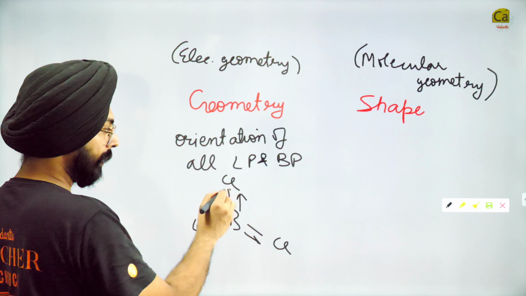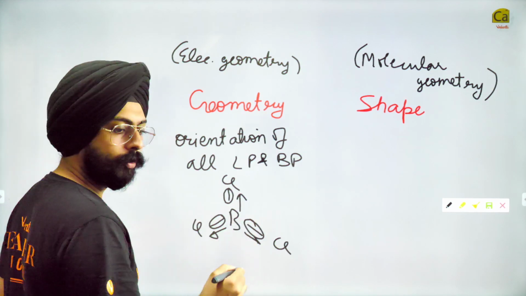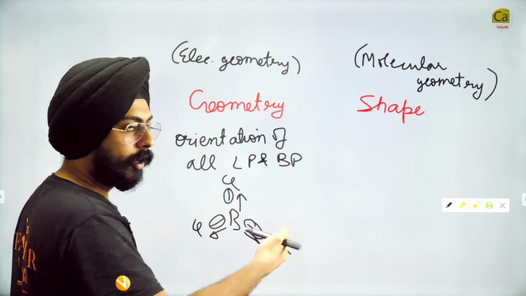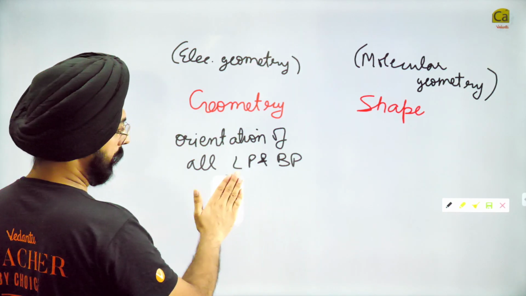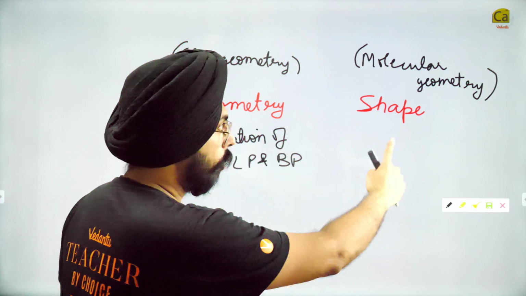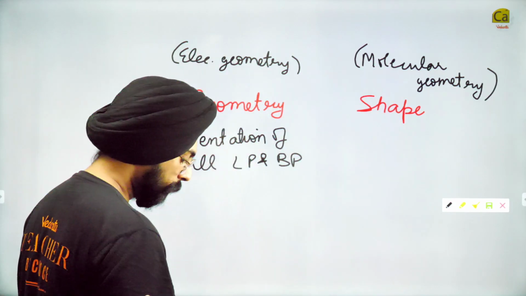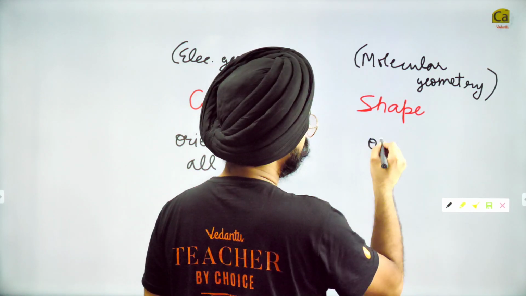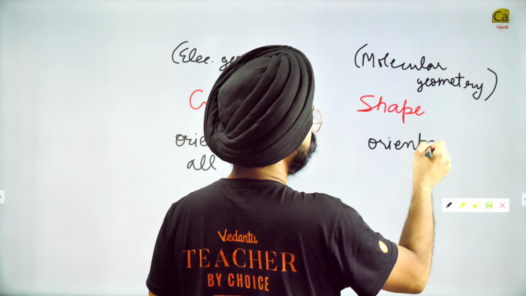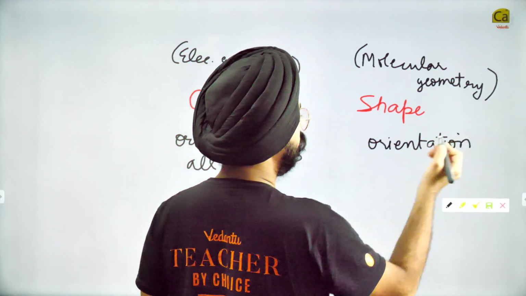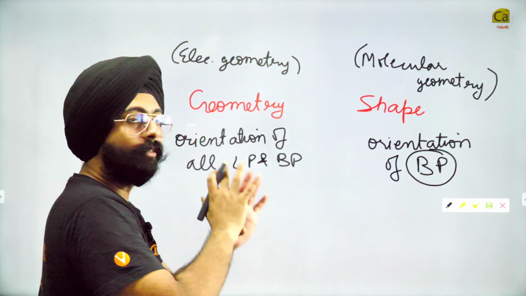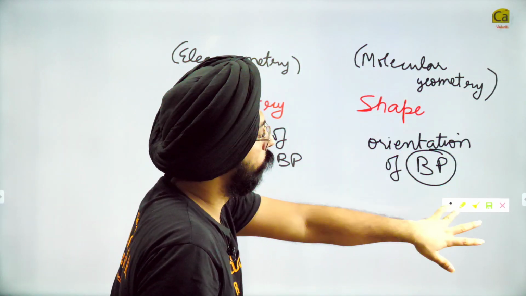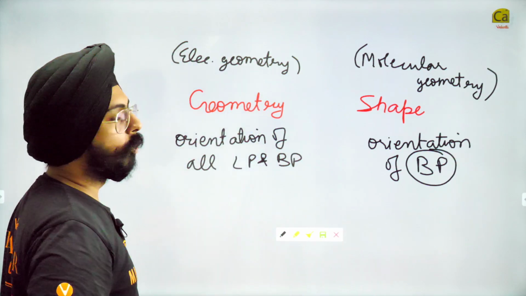So these electron pairs are making a trigonal planar structure. Electronic geometry will be trigonal planar. Molecular geometry or shape talks only about the orientation of bond pairs. You have to neglect the orientation of lone pairs in the molecular geometry.